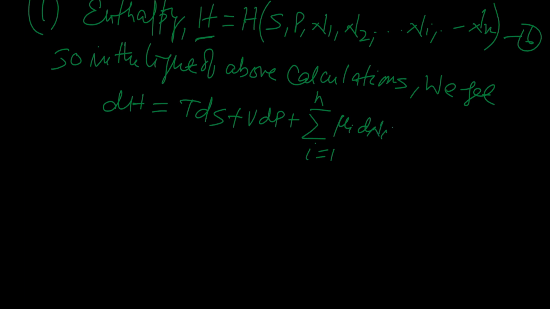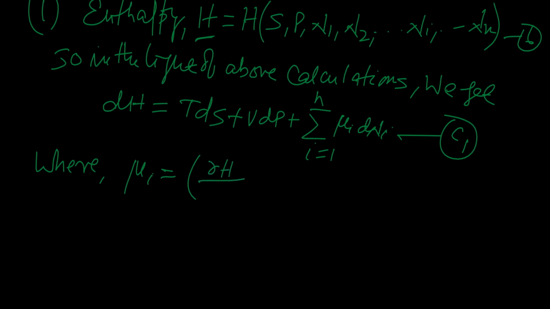Say this is equation C1, where mu i has been written for del H by del Ni at constant S, P and Nj. This is C2.